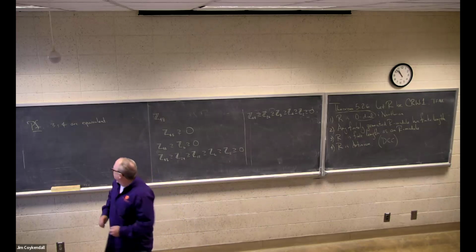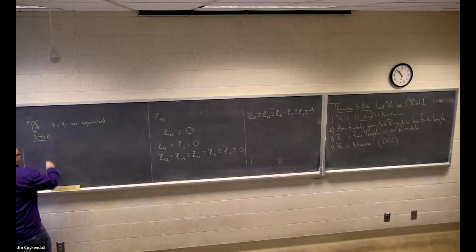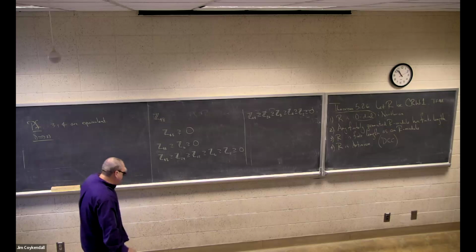So let's start with 1 implies 2. We want to show that any finitely generated R module has finite length.